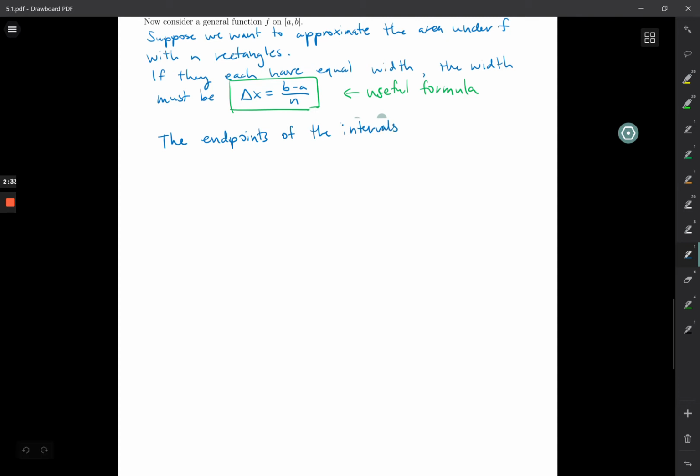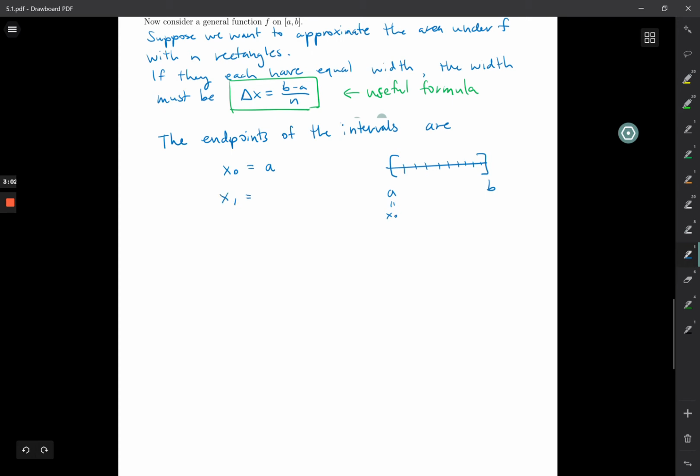The endpoints of the intervals are going to be, we're going to label them x0, x1, up to xn. x0 is going to be the start of the interval. So if we want to picture this, if we have our interval a to b, and we're going to chop it up into pieces, we're just labeling a as x0, that's our starting point.